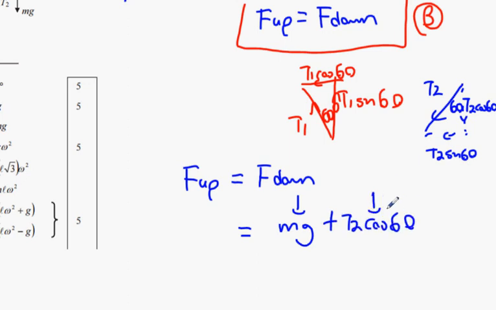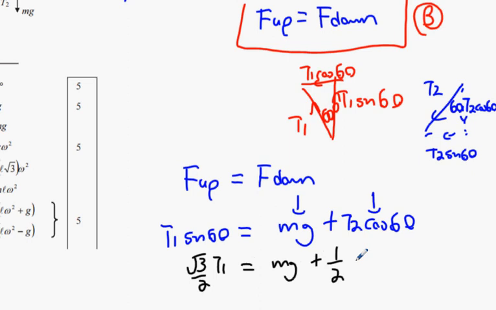And what goes up? It's T1 sine 60. Now, sine 60 is root 3 over 2. T1 equals mg plus a half T2.